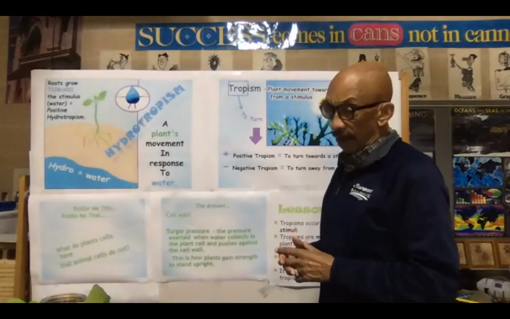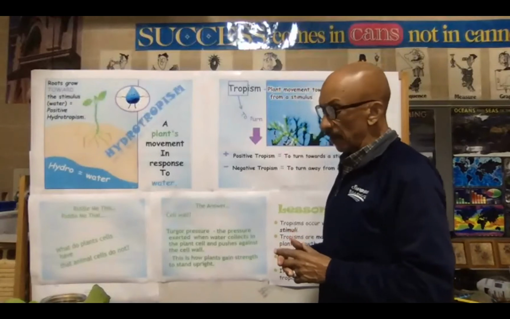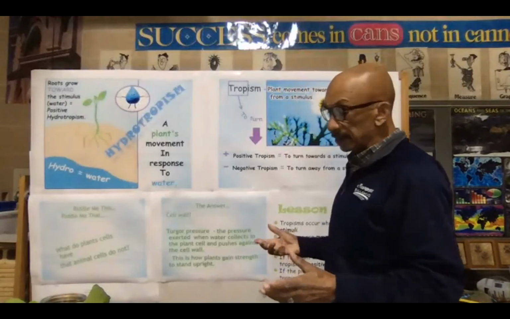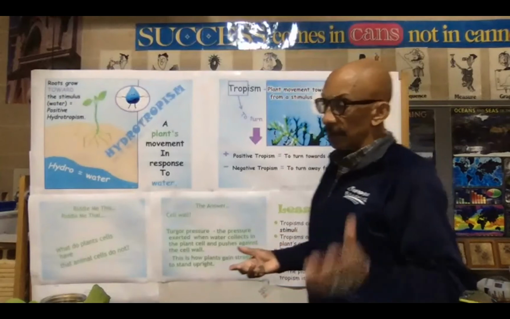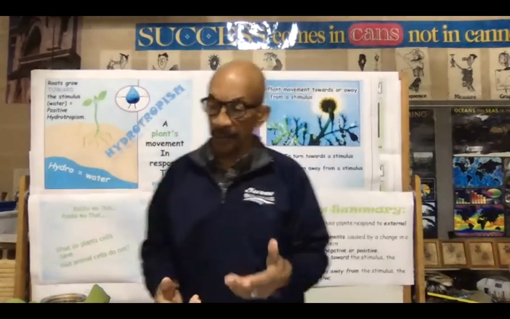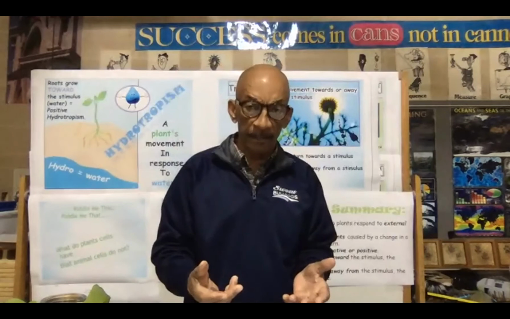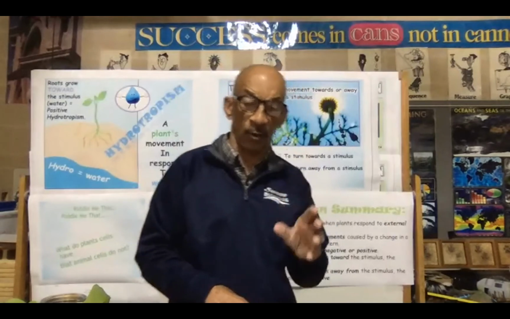Now, there are two types of tropism, positive and negative. Positive tropism is when the organism is growing toward. Negative tropism is when it's growing away.